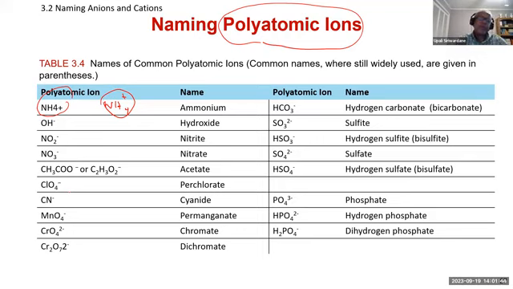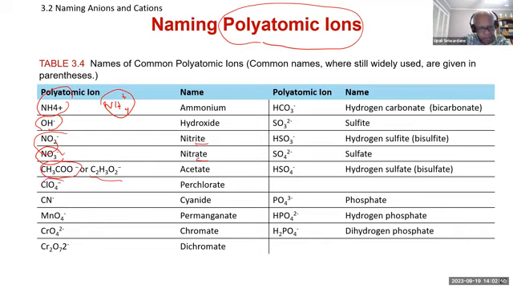What is hydroxide? This has 2 atoms; we call it a polyatomic ion. Nitrite is "ite." If you have 3 oxygens, it's called nitrate. Acetate shows part of the structure of the acetate ion.